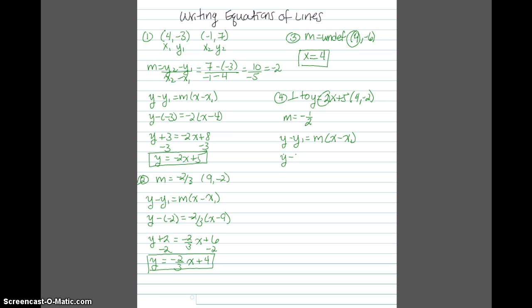I have y minus, that should be y minus -2, fix that, equals -1/2, oh, I wrote an m by accident, I'll fill that in. So it becomes y plus 2 equals negative 1/2 x minus 4.